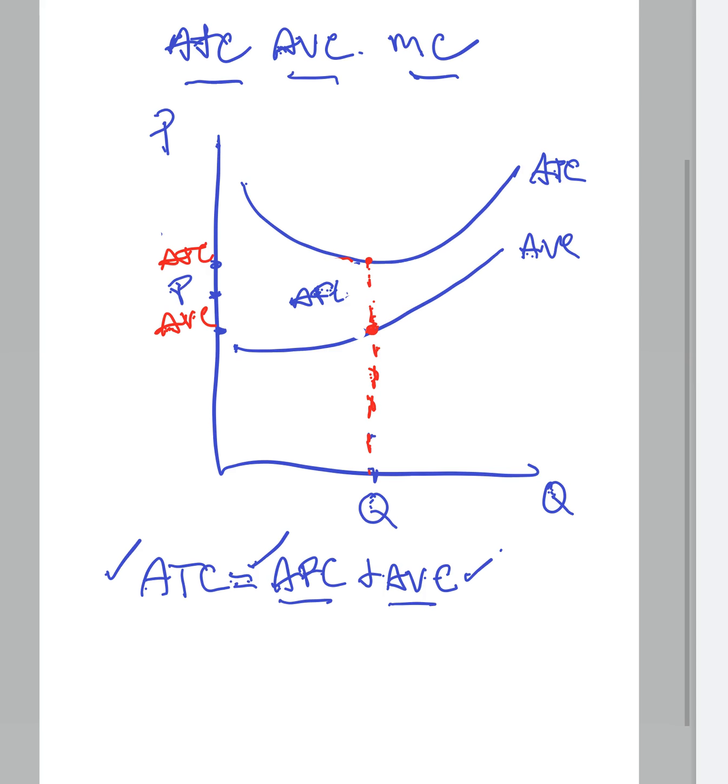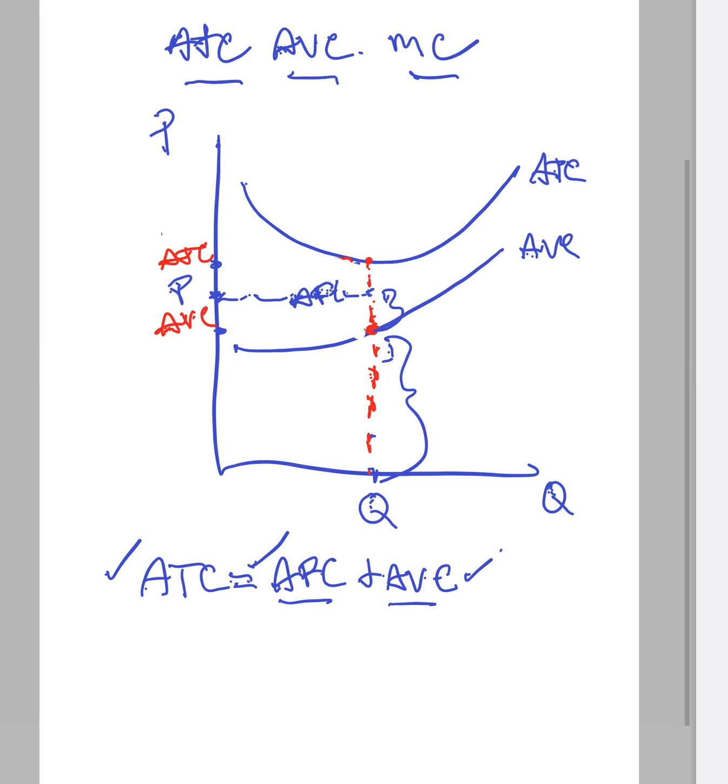Now, if this firm is charging this price, do you notice how this price is covering all of your average variable cost and some of your average fixed cost?